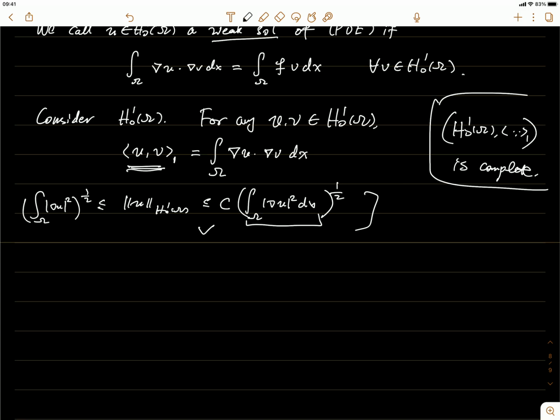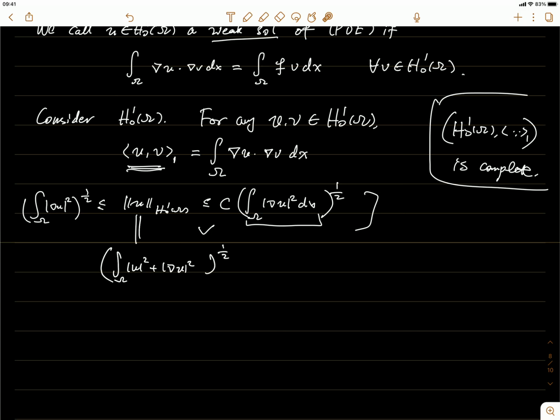Okay, because this one here is by definition the integral of u squared plus the gradient of u squared, then to the power 1/2. So that means the integral actually contains this one. That's why the norm we defined here, or this inner product defined here, is actually equivalent to the inner product defined originally for this space. Okay, so these two are equivalent, and that also means that this space is complete using this new norm. Okay, so it's complete, it's a Hilbert space using this as the inner product.